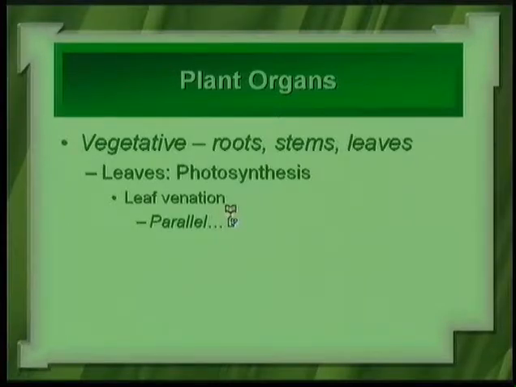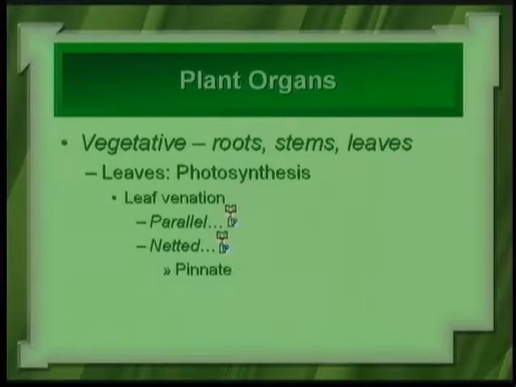We also have another general type called netted leaf venation. So think about this also. You have one kind of flowering plant that has parallel leaf venation, and another kind of flowering plant that has netted leaf venation, okay? So think about that.